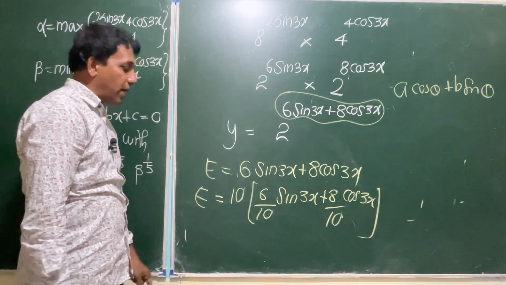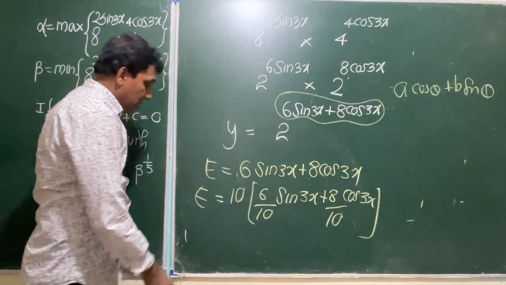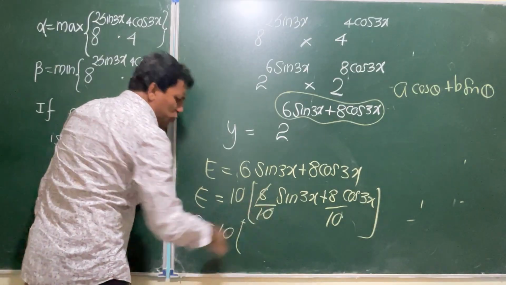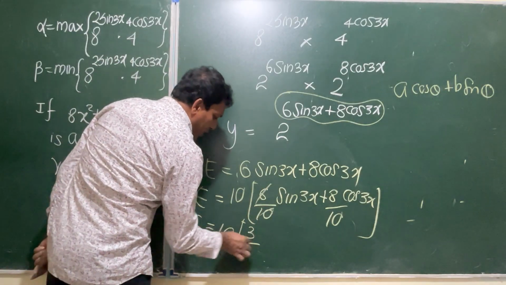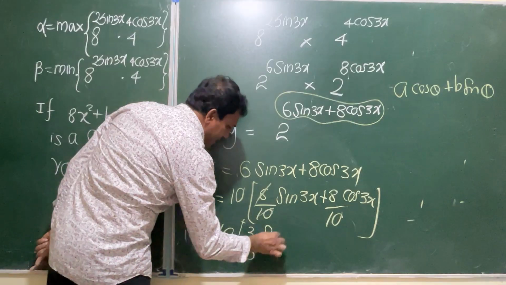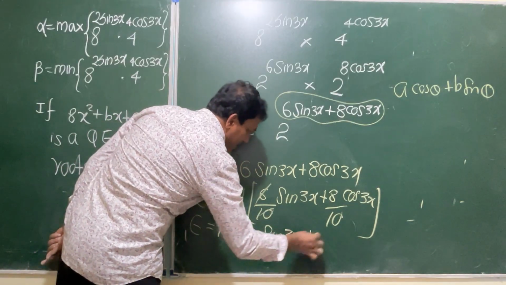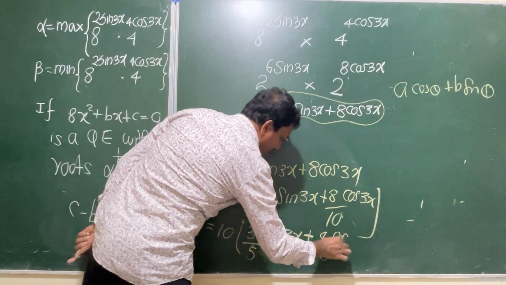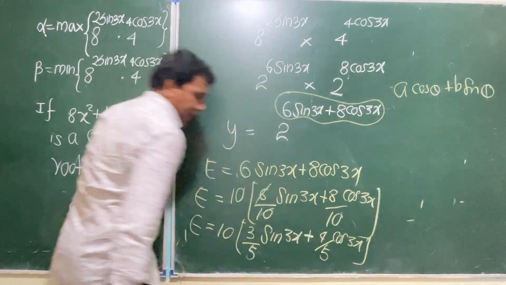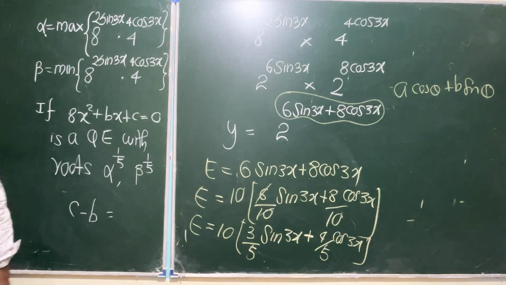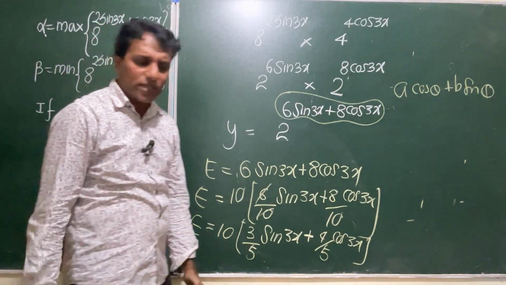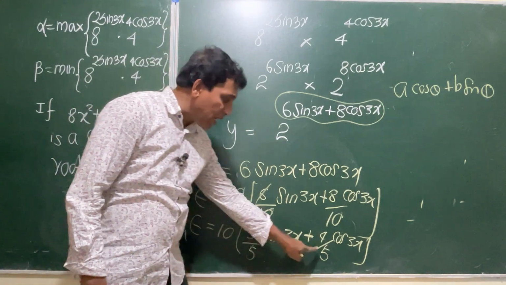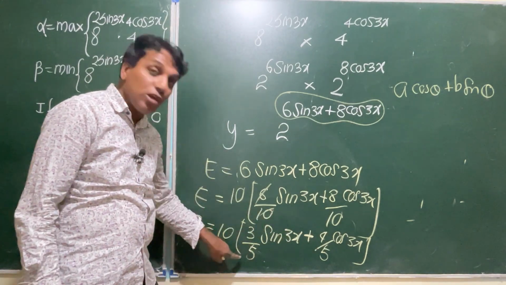A cos theta plus B sin theta form, right? Therefore, E equals 10 times the simplest form: 3 over 5 sine 3x plus 4 over 5 cos 3x, right? Now take one as sine alpha, and the other automatically comes as cos alpha. If I say this is cos theta, cos theta is 3 over 5.